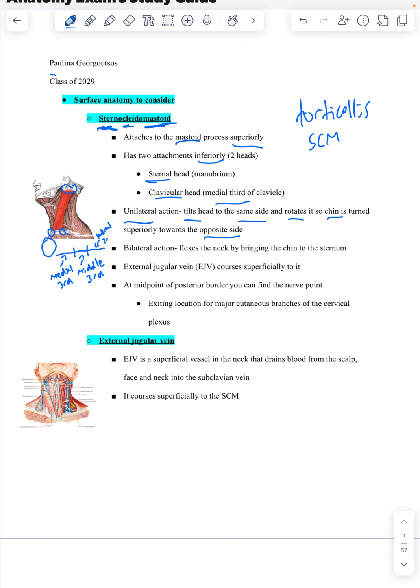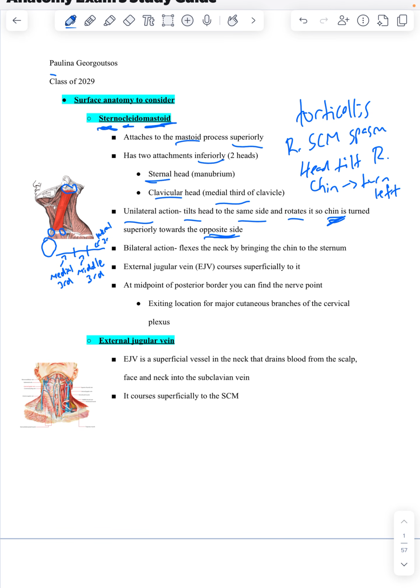So if you have an SCM spasm, let's say a right SCM spasm, so your right sternocleidomastoid is contracting like crazy, so now your head is going to tilt right heavily, but your chin is going to the opposite side. So chin would turn left, and we'll see that later on.